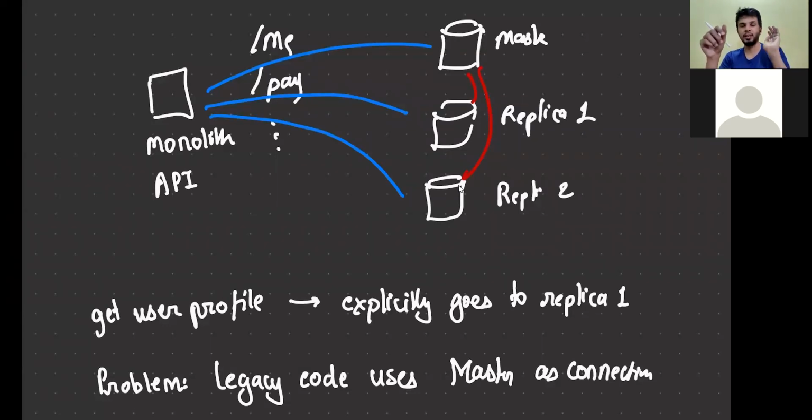Now, the way to address this problem would be: this is my API request, and it makes a call to the database and gets the data. I can either go through all of my legacy code, find all the instances, and see whether each requires going to master or to a replica.